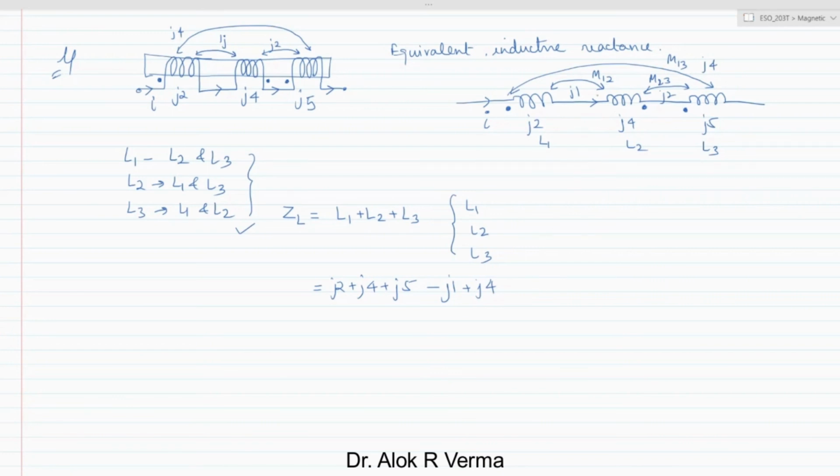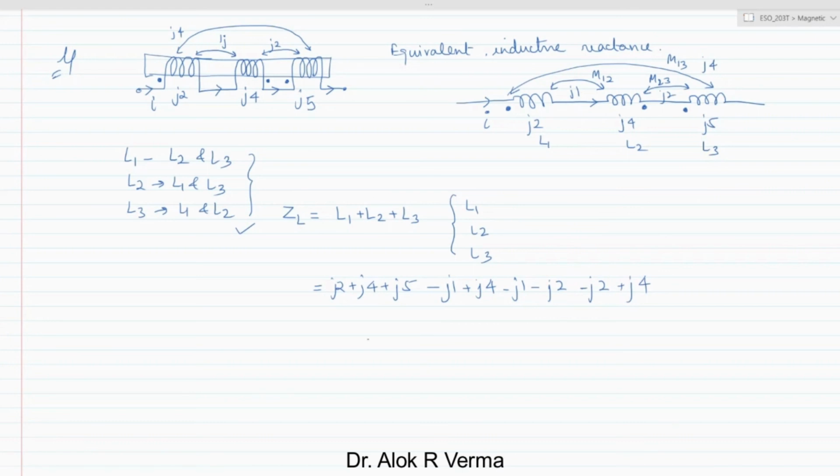Now L2 will communicate to 1 and 3. So now 1 and 2, M12 will be J1, which will be minus J1. Then we have this J2, which will again be minus, then minus J2 again, then we have this plus J4.